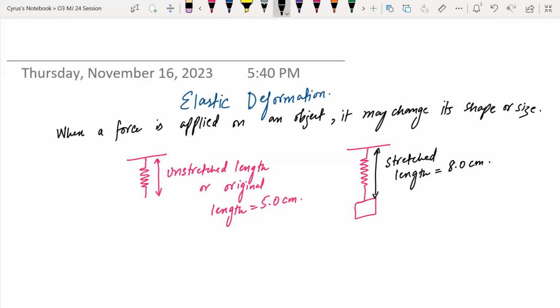So whenever you apply a force, this is the load that we have. Any mass you attach, we will call it the load. The load is attached to a spring, right? And there's an extended length that we can get here. We call this the extension.